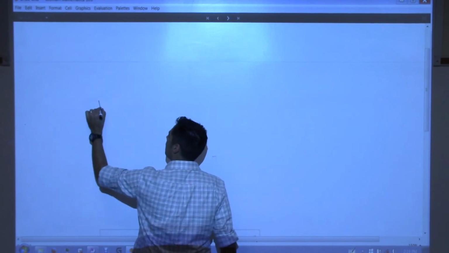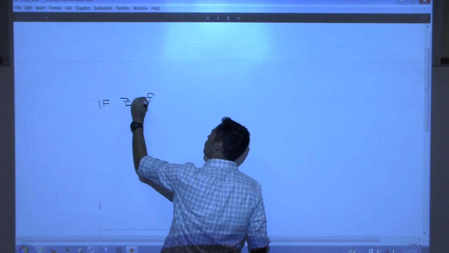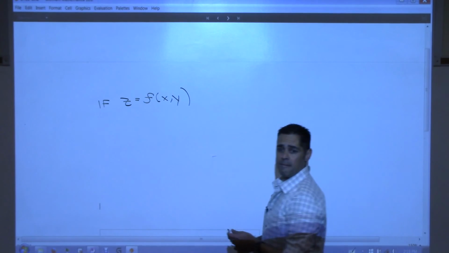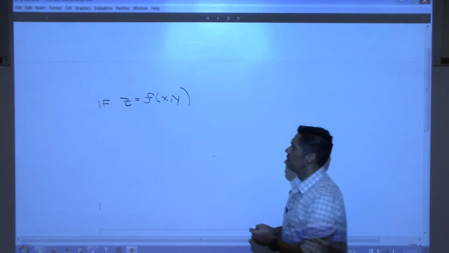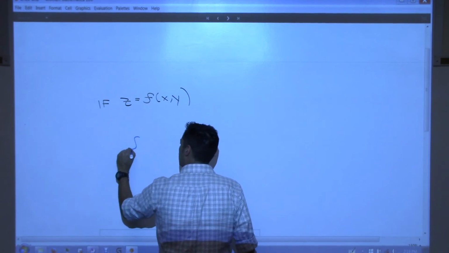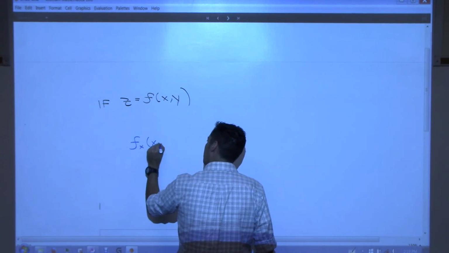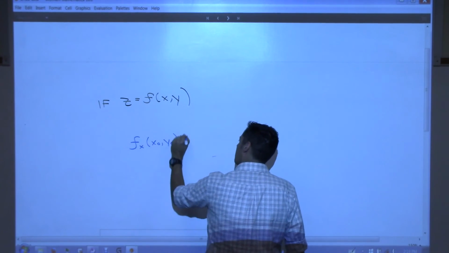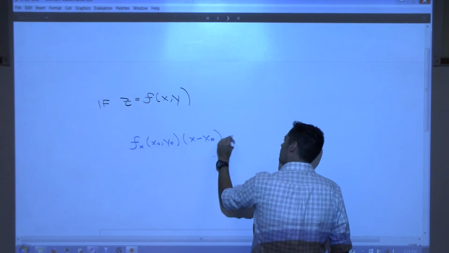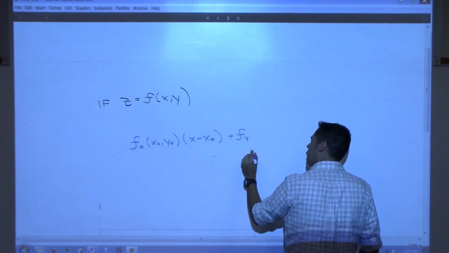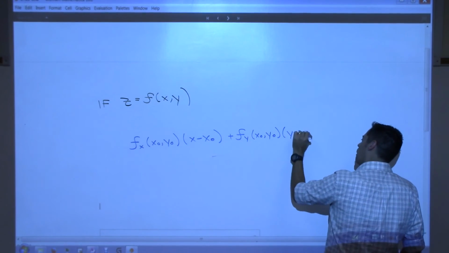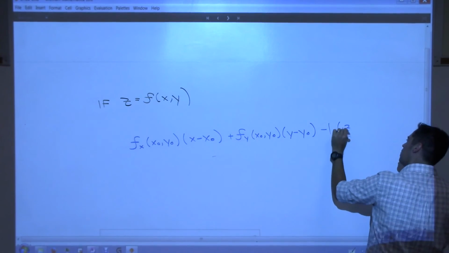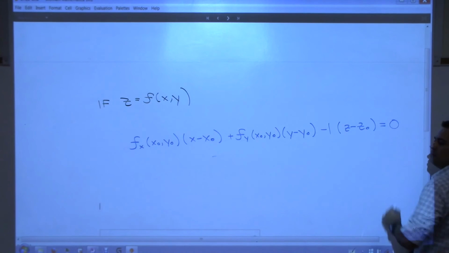What we had before was this: if z was equal to some function of x and y, that made a surface, and we could find the equation of the tangent plane to this surface using this formula. It was the partial of f with respect to x at x naught, y naught, times x minus x naught, plus the partial of f with respect to y at x naught, y naught, times y minus y naught, minus 1 times z minus z naught equals 0.